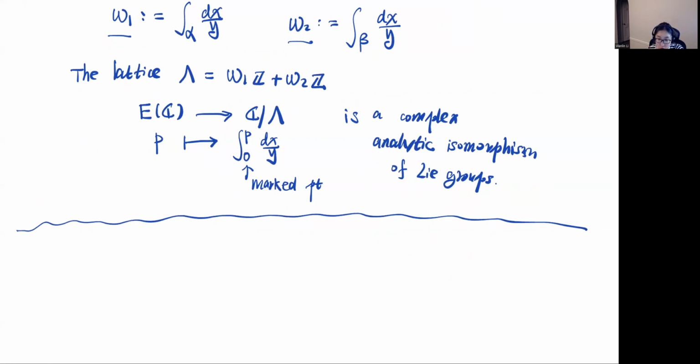Okay, so the next topic is how to explicitly construct elliptic curves with complex multiplication, right? This is the topic of our lecture series, and I gave you a definition last time, but I never proved to you that such elliptic curves exist, right?